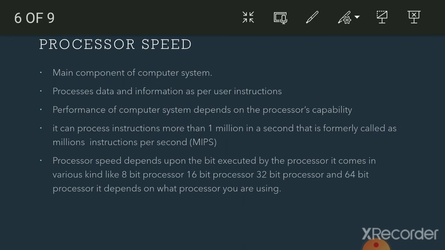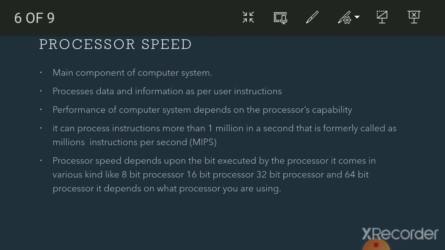And processors are also categorized by how many bits are processed at a time: 8 bit, 16 bit, 32 bit, 64 bit. So if a processor is processing 32 bits at one time, then it is faster compared to an 8-bit processor.